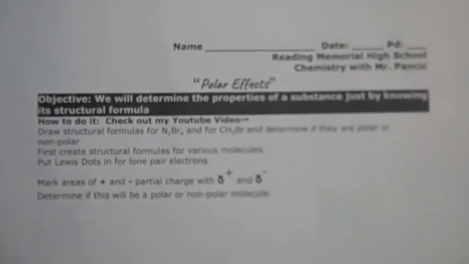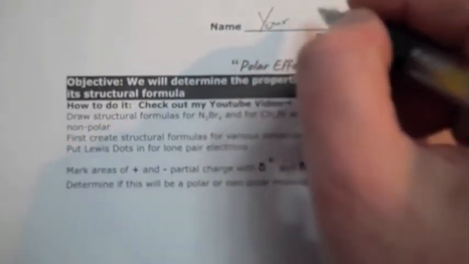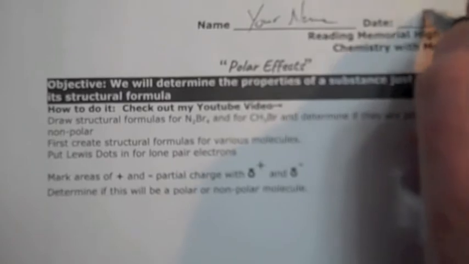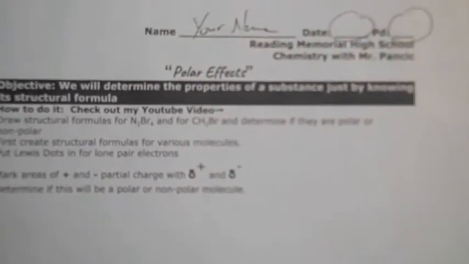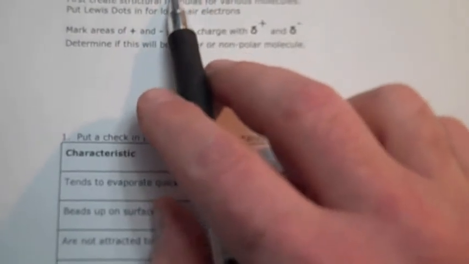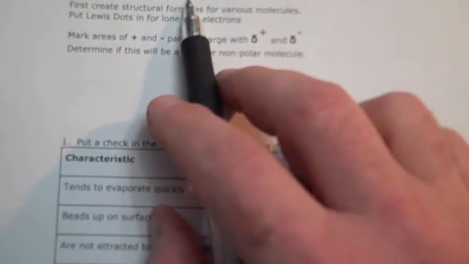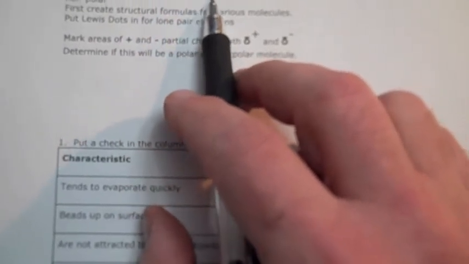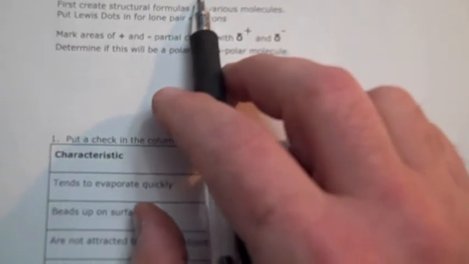I felt this would be the best way to do it, is just to do this together. Your name goes up here, the date, and what class you're in. Don't forget that.